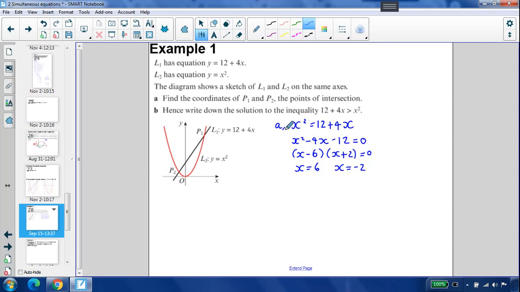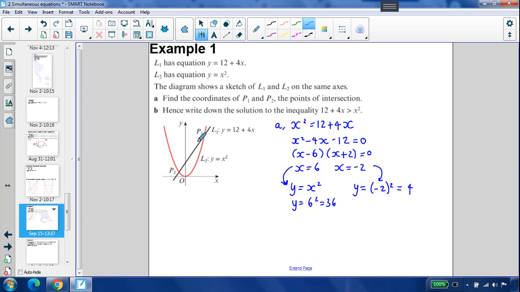Now it's asking for the points of intersection, so I do need to find the y values as well. So when x is equal to 6, I could use this one over here. Y is equal to x squared, so y is equal to 6 squared, which is 36. Now let's have a look at this one. X is equal to minus 2, so y is going to be equal to minus 2 squared, which is equal to 4.